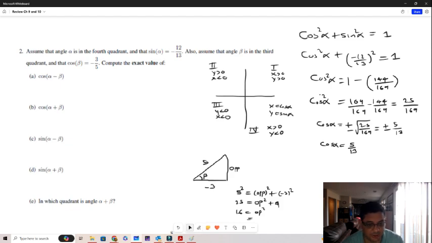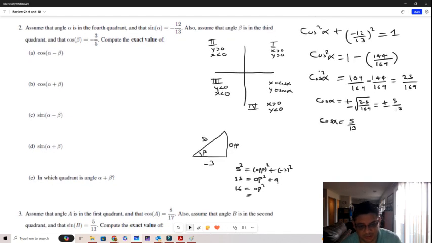If the opposite square is 16, that means that the opposite should be plus or minus 4 when I take the square root. That's going to give me enough information for the sine, because then the sine of beta is going to be the opposite, which is plus or minus 4, over the hypotenuse, which is 5.